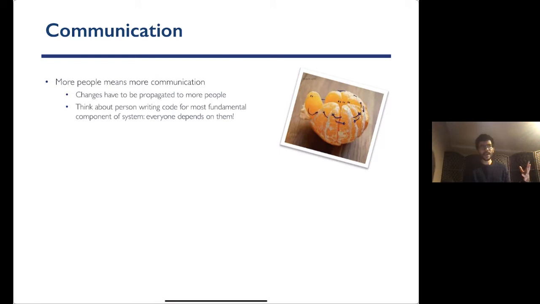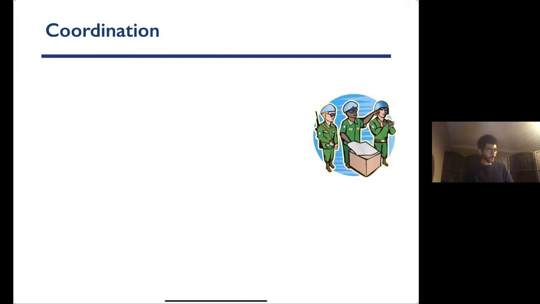Please communicate. Communication is key. I know that it's hard now that everything is online. We're not going to see each other, at least for a while, but still communicate. Communication is key.